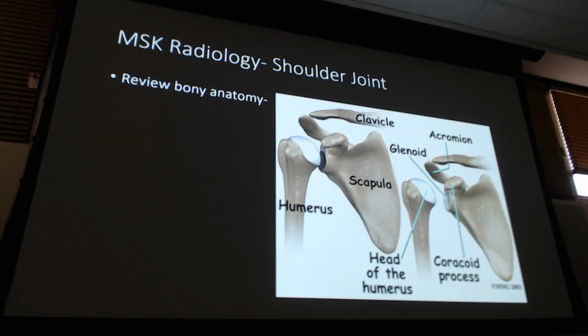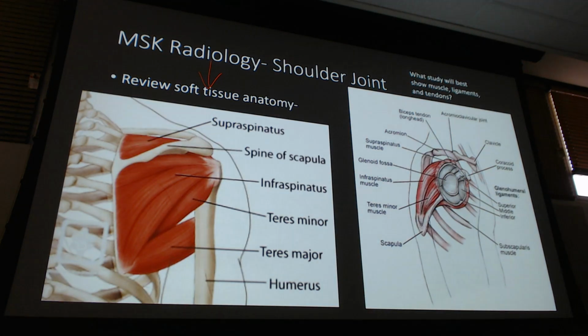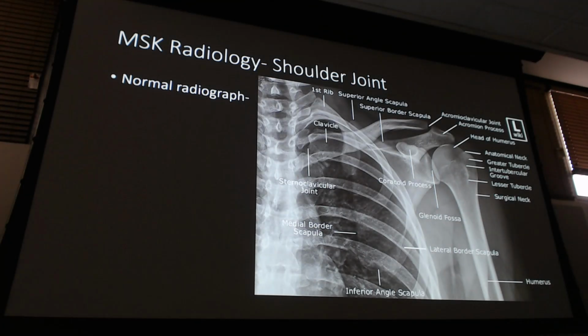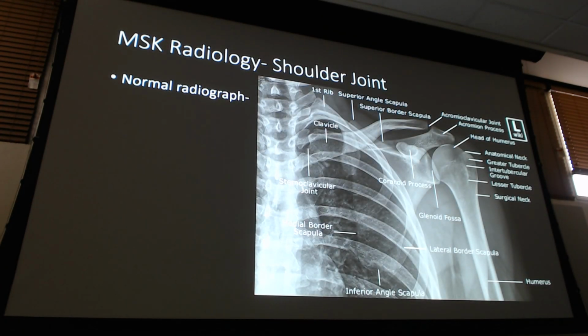Shoulder anatomy, we just saw this. It's there again for you. More muscles. Stuff you already knew. Here's what the x-ray looks like. What's really important when it comes to shoulder x-ray, besides all the stuff that we already talked about, is remembering on all these images which one is the acromion and which one is the coracoid.